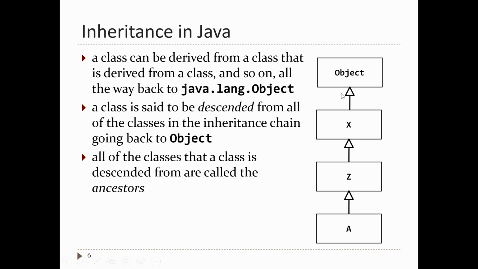Object is a superclass of A, but it's not a direct superclass of A. Z is the direct superclass of A. Anything above A, any class that A is descended from, is called an ancestor of A. So Object, X and Z are all ancestors of A.